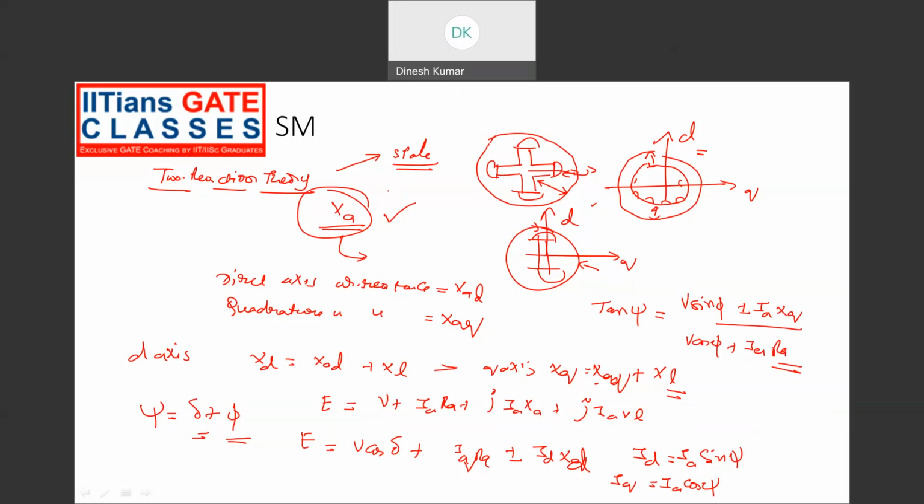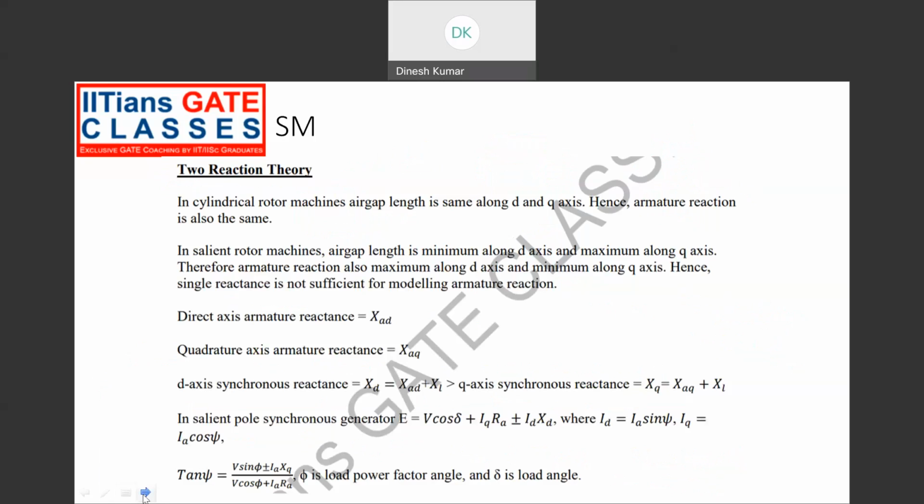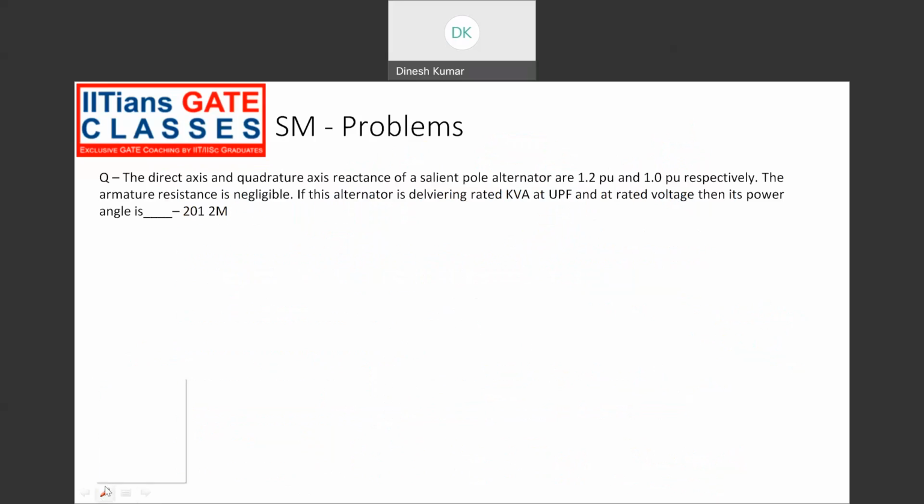Okay, let's try to solve one example related to two reaction theory. So this is what I have discussed in the earlier slide. Try to solve this question. It's a GATE 2001 question.